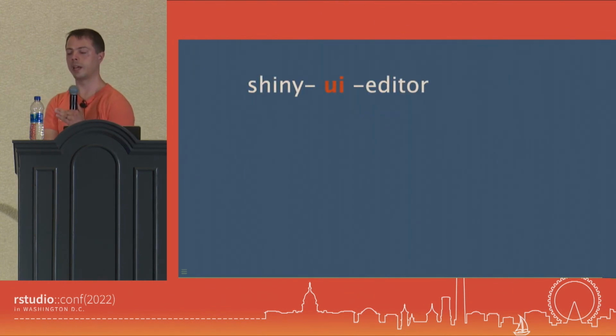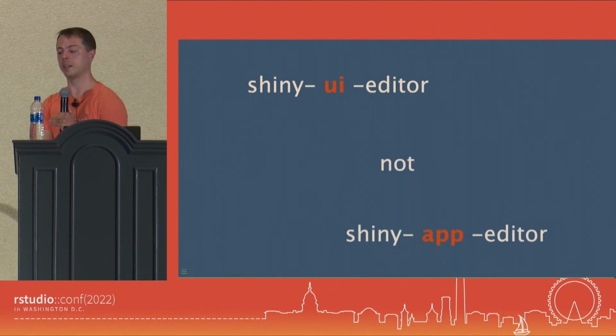And so I think the last and most important part about it is that this is the shiny UI editor. And that's an important fact, is the UI editor is not the shiny app editor. We're not trying to write your server code. We want you to write that. I think that you're the best person to do that. We want you to, as the data scientist, write your cool plots and your good models and all that stuff. We're just going to make it a little bit easier for you to build the UI for you.